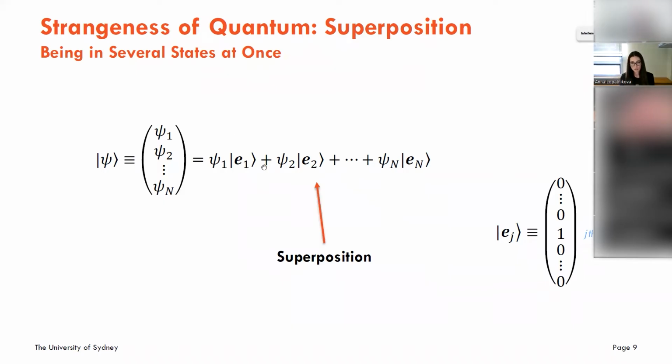So each of these E1, E2, En is just a basis vector in this vector space, and we have a composition of these vectors composing this vector psi. And that's what we mean by superposition.